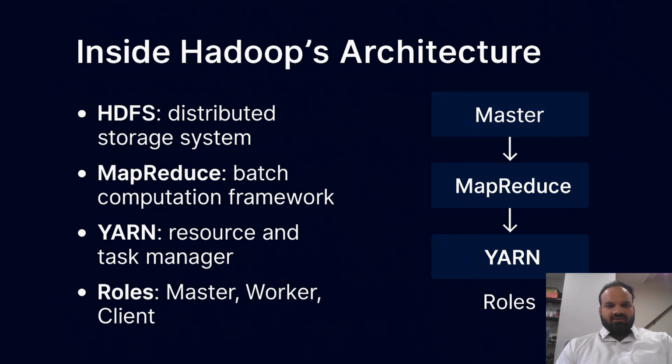HDFS, or Hadoop Distributed File System, is designed for massive datasets. It splits files into fixed size blocks, usually 128 MB, and distributes them across servers. Each block is replicated to prevent data loss if a server fails.